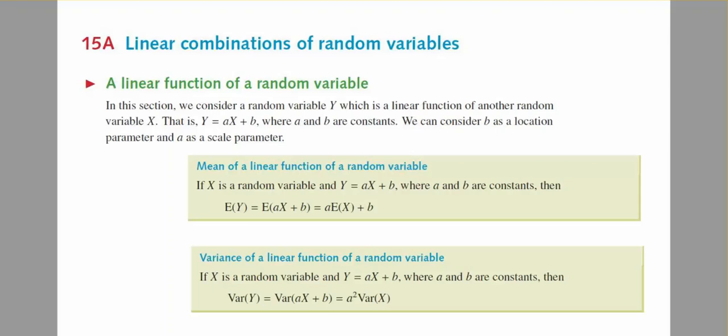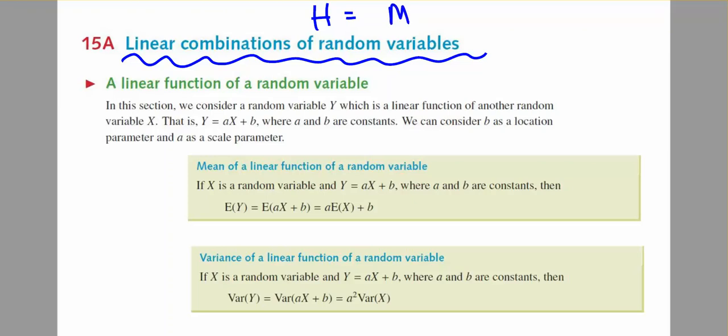What we're talking about are linear combinations of random variables. So for example, I might be considering how much homework I do, and my homework might be the amount of methods homework plus the amount of specialist homework plus the amount of other homework. And there are three things added together as a linear combination.